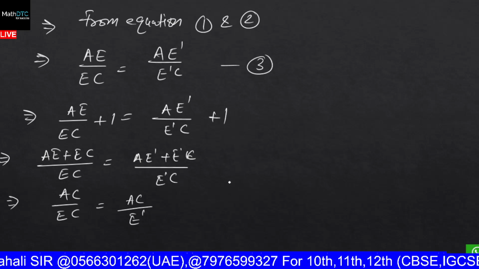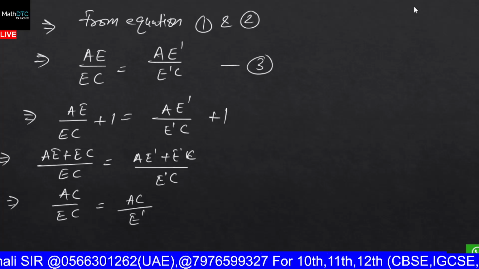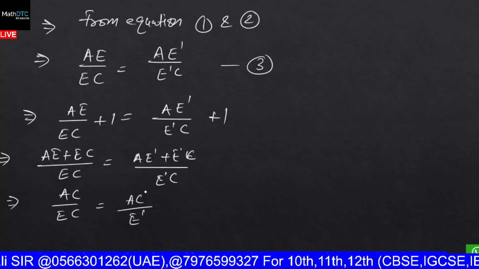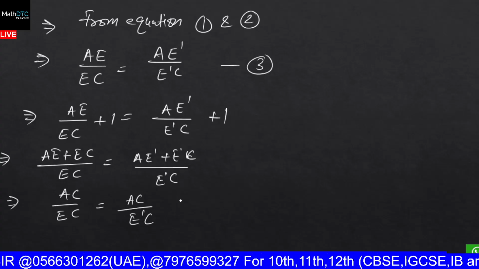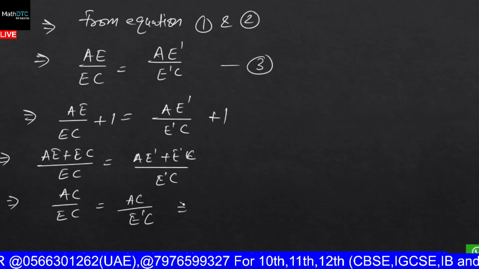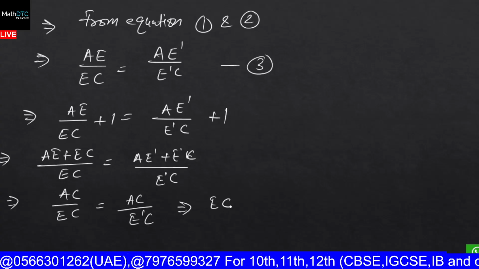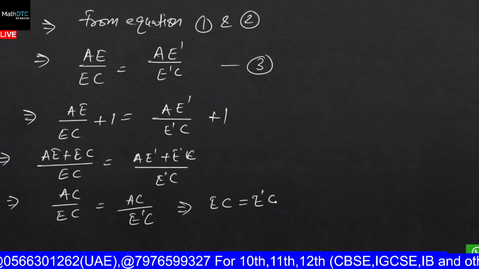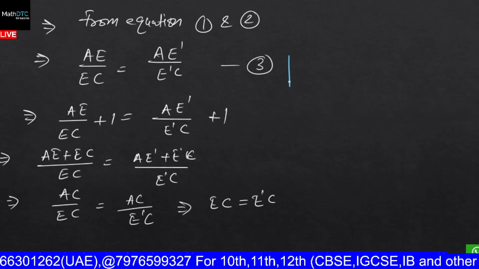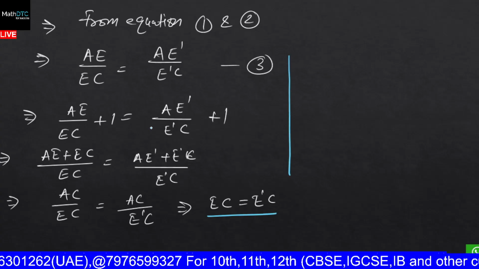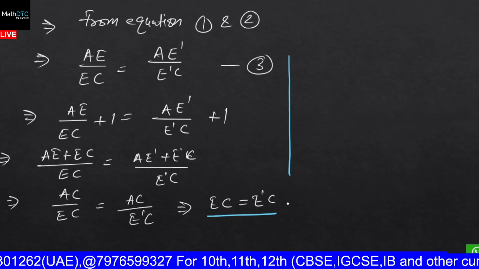So AC over E dash C. Do you understand this one? Okay. So AC cancels out from there. Then EC is equal to E dash C, right? So I write this as equation number 4.